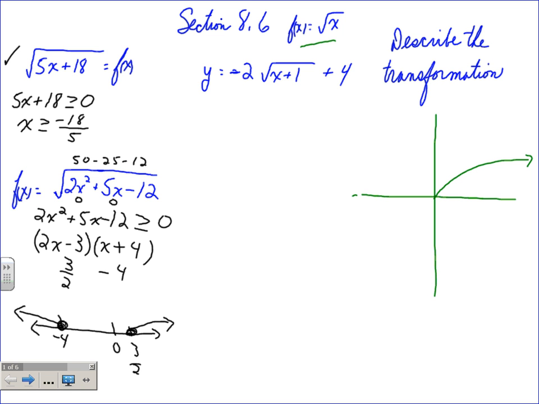That gives me a positive value, so we can use it. Right? If one number less than negative 4 works, they all work. Okay? So that's finding the domain. Any questions on that? All right.